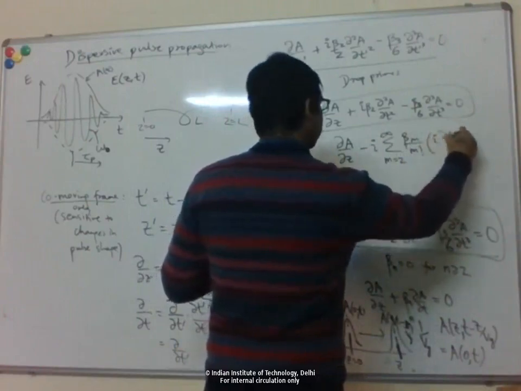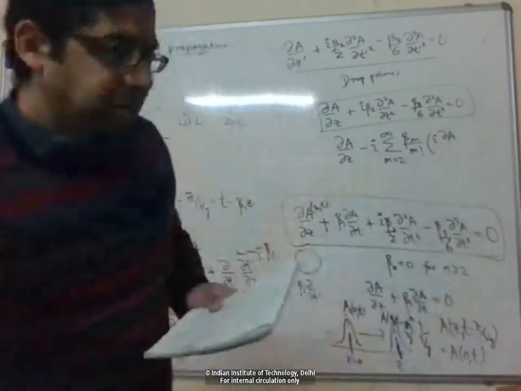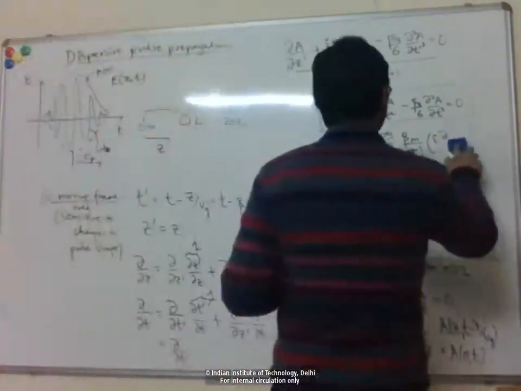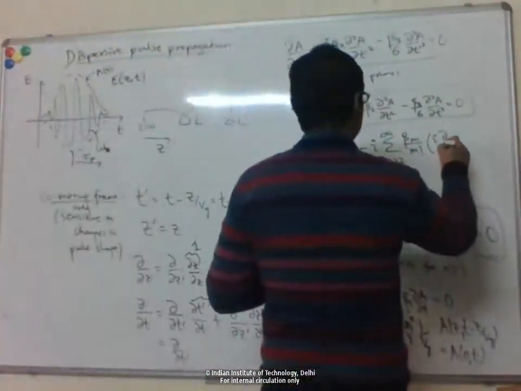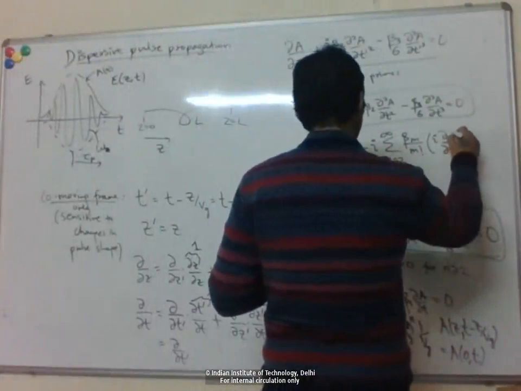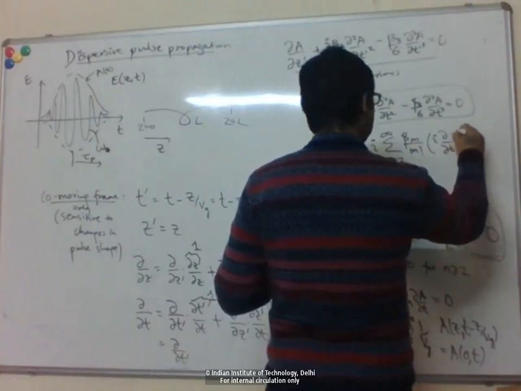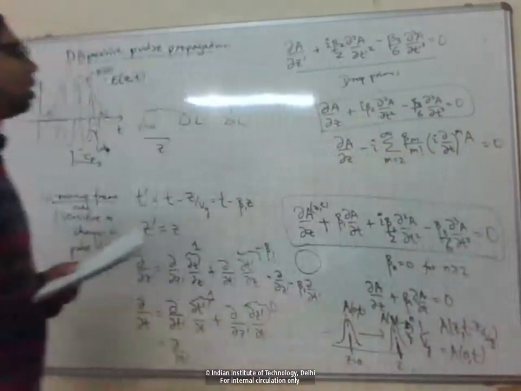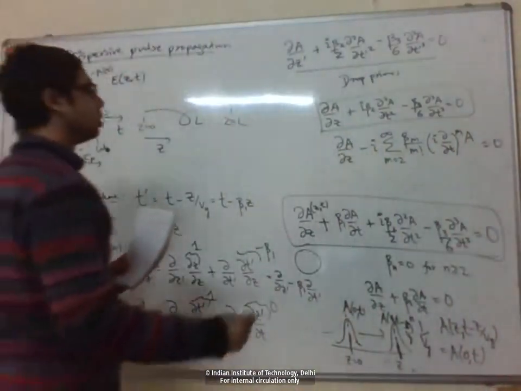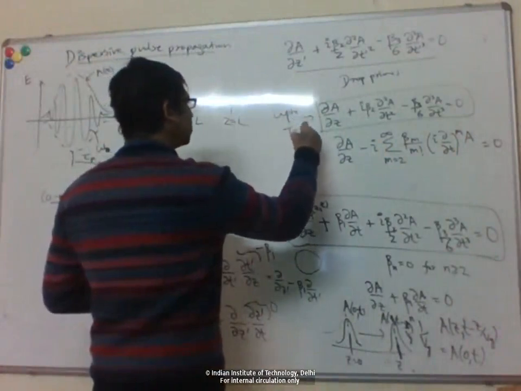And it will be the mth order derivative of A. Right, so this is only if we include up to third order dispersion.